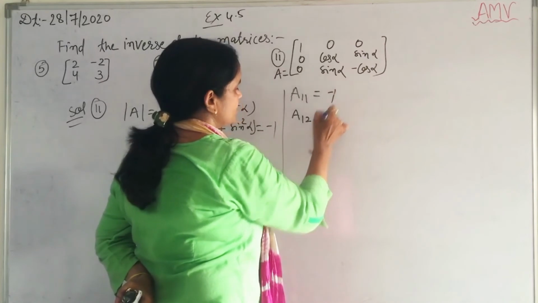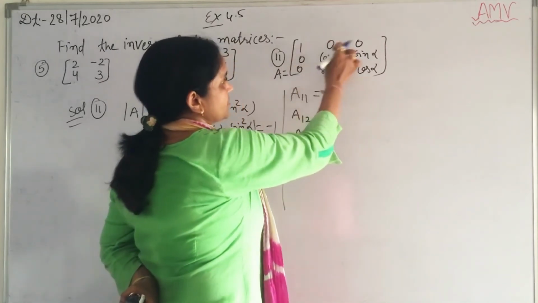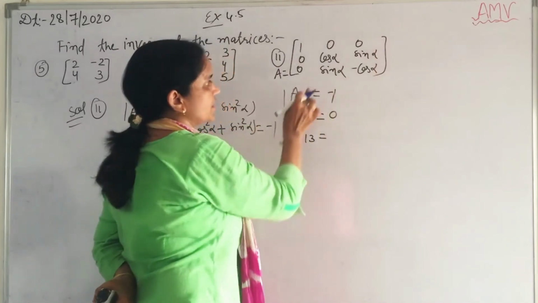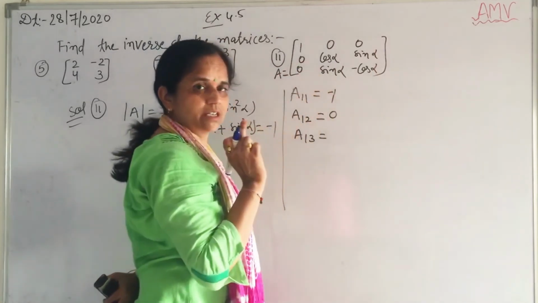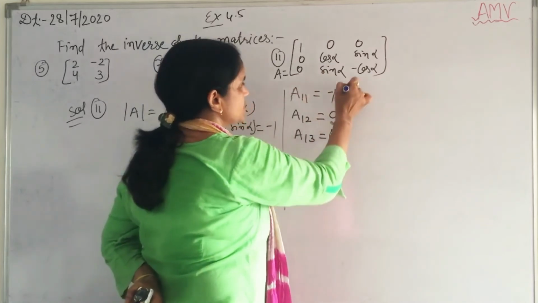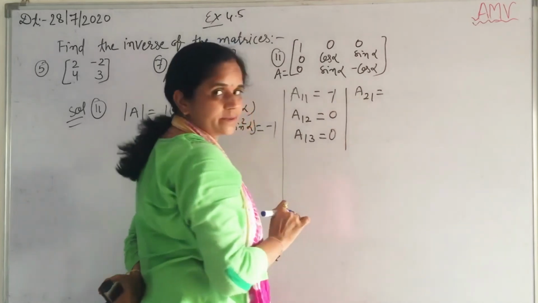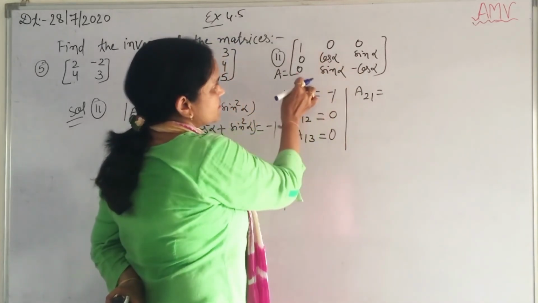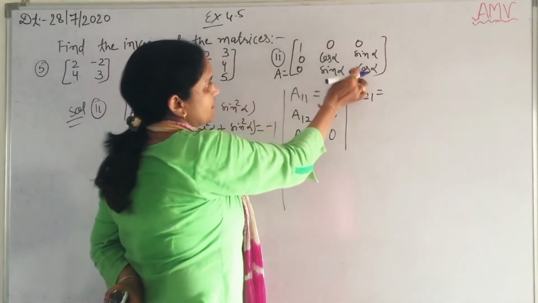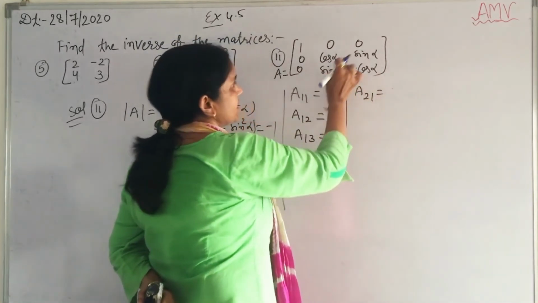It's 0 only. A13, first row, third column. Here also, students, sin alpha multiply with 0 and cos alpha also multiply with 0. So it's also 0. Now A21, second row, first column. Here also, students, 0 multiply with minus cos alpha and sin alpha with 0.